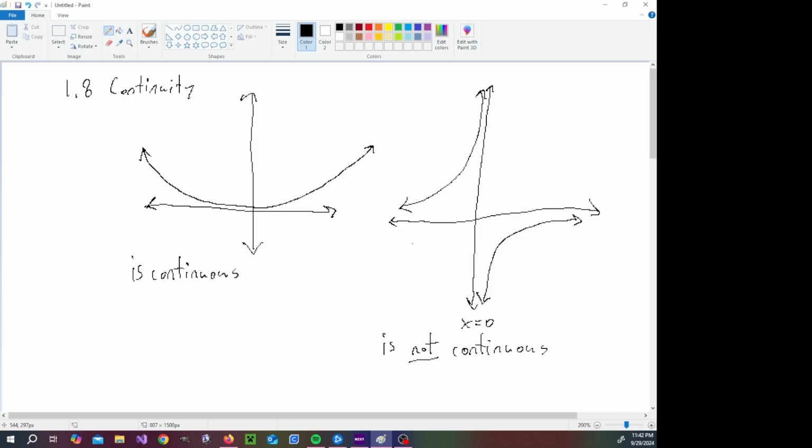So if you think of the function x squared plus 2x minus 1, something, I just picked the numbers at random, and you draw it, you're like, oh, well, that's just some parabola, and I can draw that without lifting my pencil. So yeah, that function must be continuous. And that is true, right? So your intuition is going to serve you very well. That idea of drawing it without lifting your pencil is how you should be thinking about continuity.